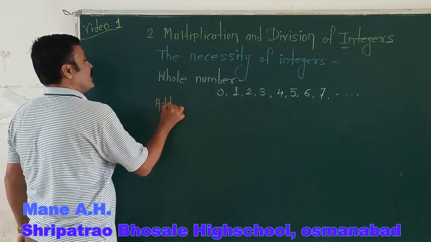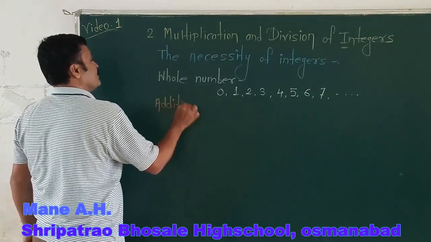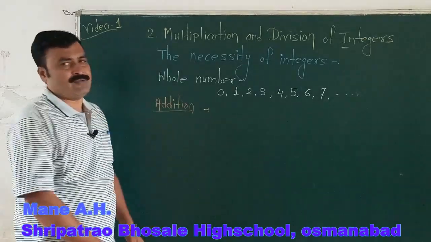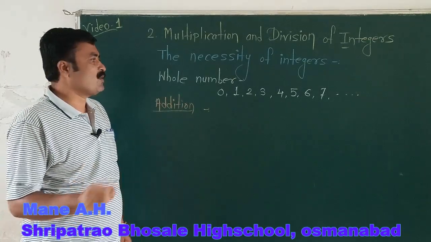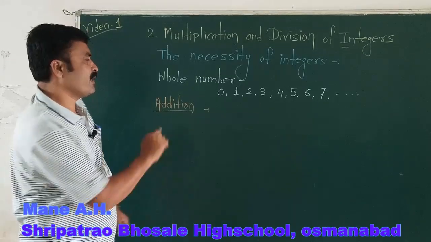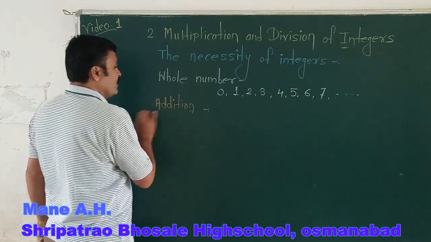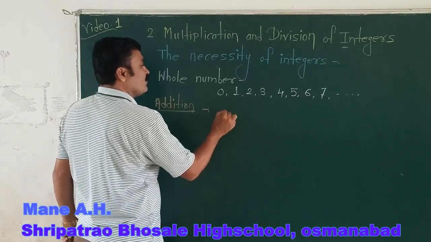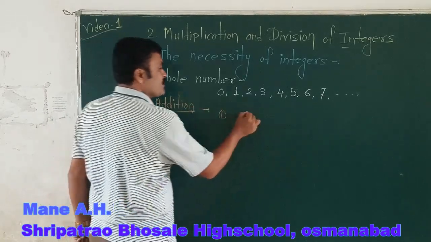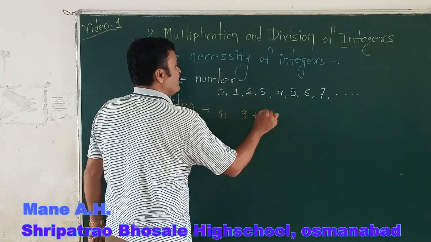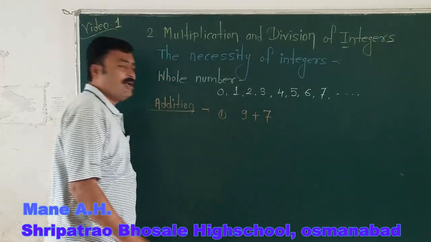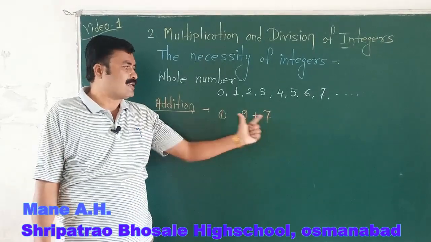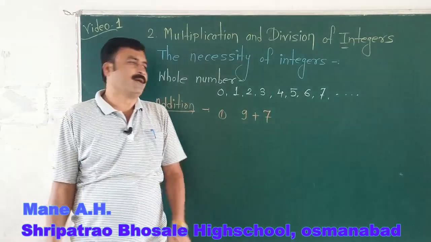So related to the addition process, here I am explaining some examples in front of you. Let's observe on this blackboard or green board carefully. Now, in the first two examples, I am taking the addition of two whole numbers. First example, 9 plus 7. 9 is a whole number, and 7 is also a whole number.